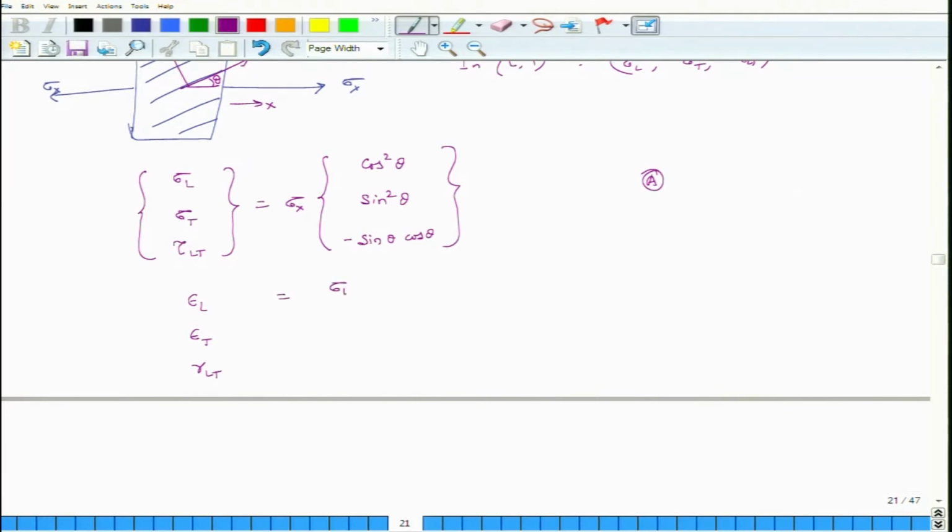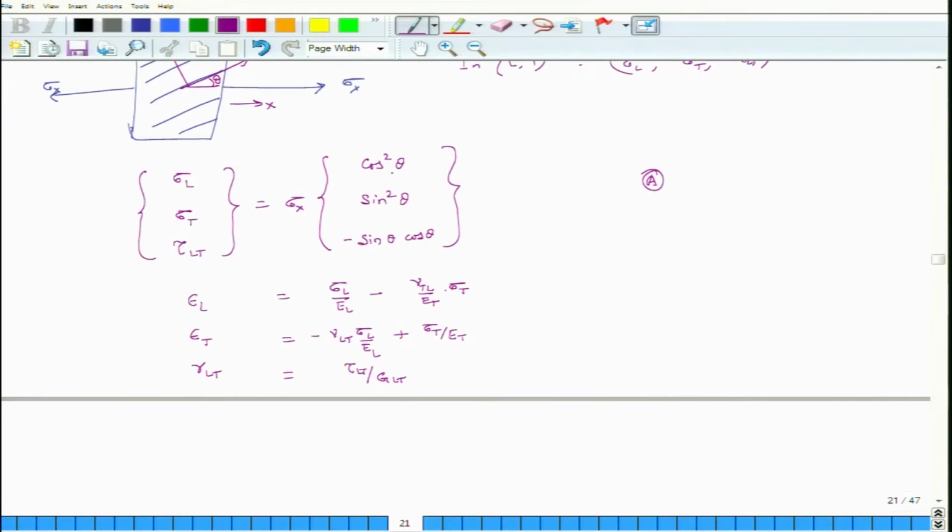It is sigma L over EL minus nu TL over ET times sigma t, and epsilon t is sigma t over ET, and here we have the Poisson effect minus nu LT sigma L over EL, and here we have, so this is plus, and here we have tau LT divided by GLT. Okay. So, these are the relations we have already developed.